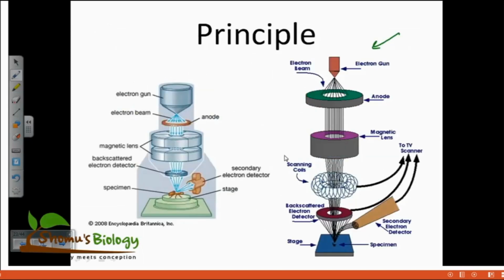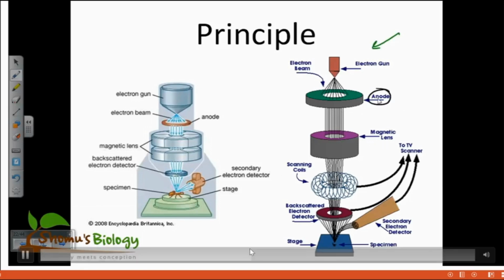So if you look at here now, this is the electron gun at the very beginning, and this gun is firing electrons. There is an anode. Now the anode will attract negatively charged particles, because the anode is itself positively charged.